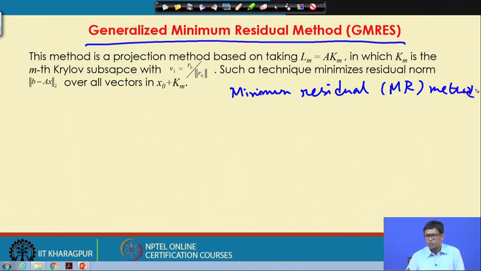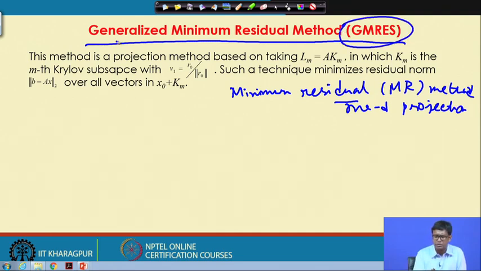Now, MR was a 1D projection method. When we generalize MR, we get the generalized minimum residual method, GMRES. From 1D to a multidimensional general projection method, if we go, we get GMRES.